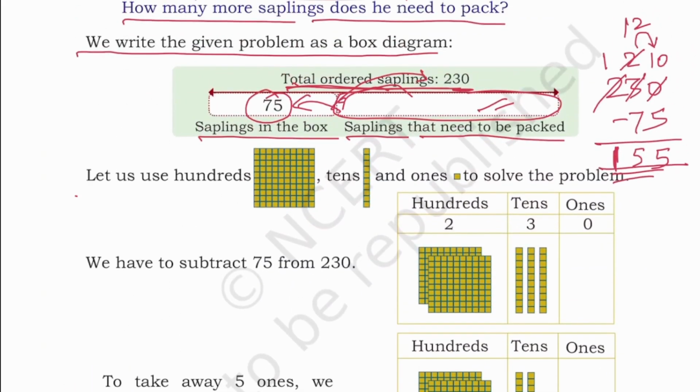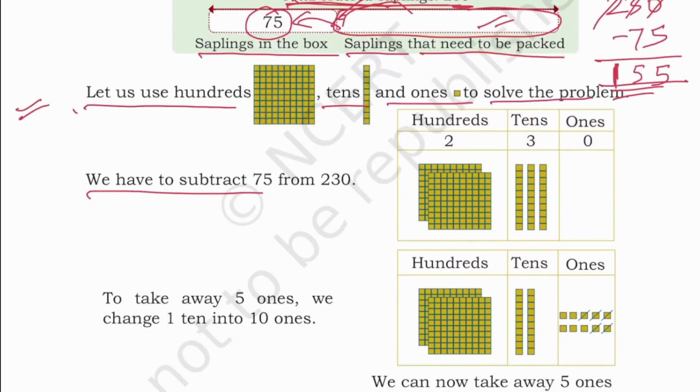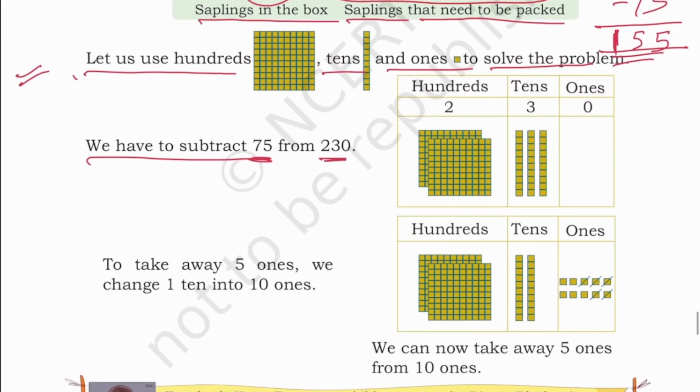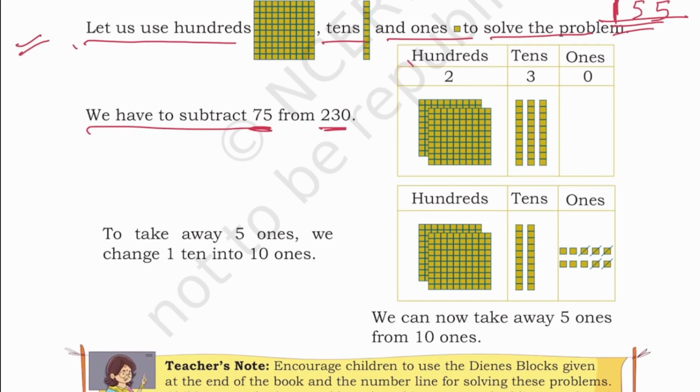The other method of doing this problem is to use hundreds, tens and ones blocks. We have to subtract 75 from 230. 230 is 2 hundreds, 3 tens and 0 ones.